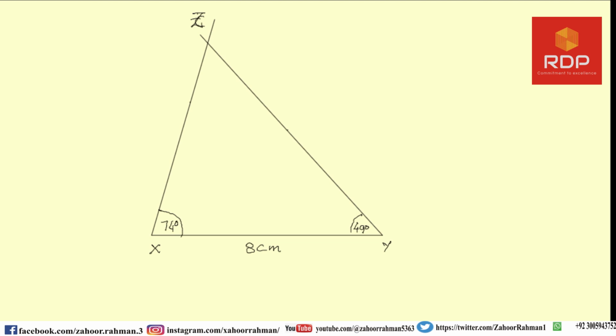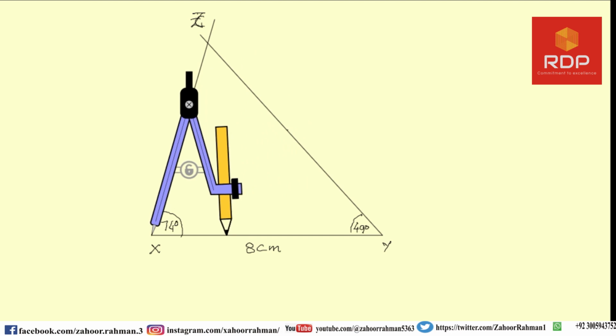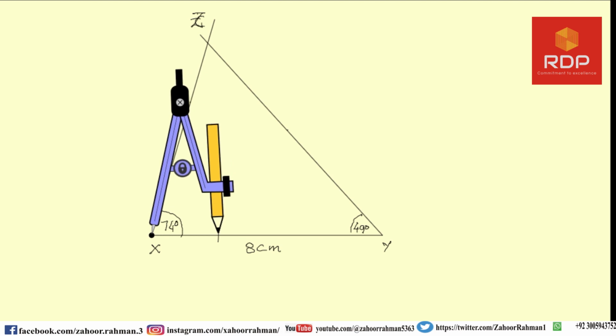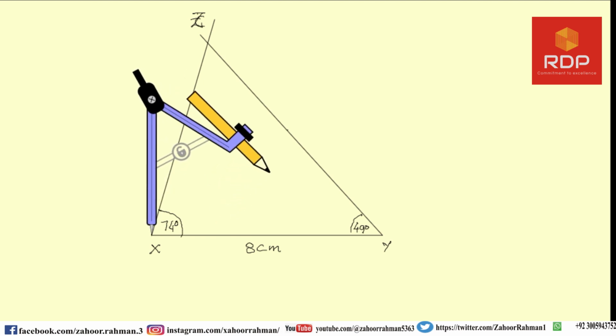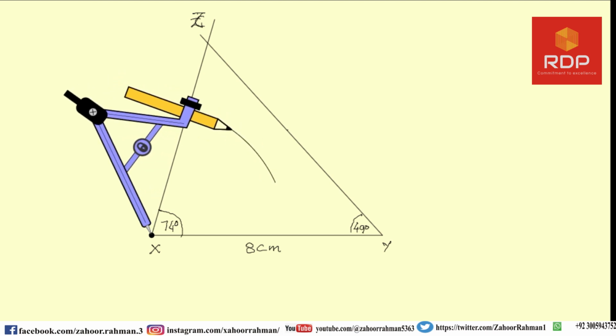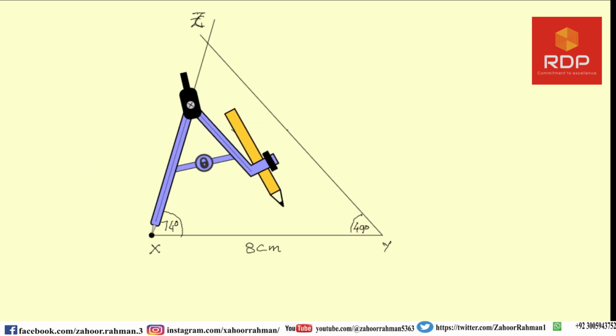Now they want us to construct the perpendicular bisector of XY. So let us do that. First of all, I have to draw an arc, construct a perpendicular bisector of XY. Yes, we have to make it in the middle here and draw an arc.